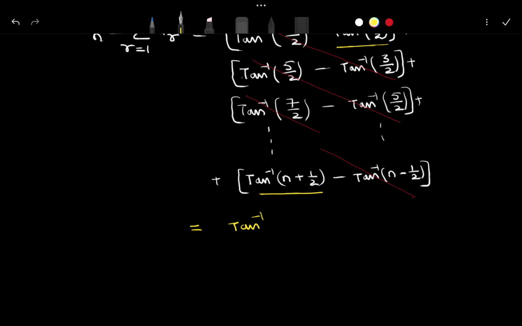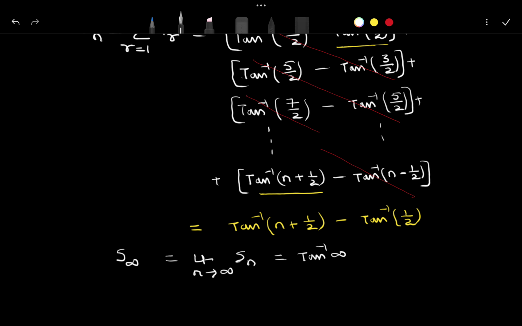Now the question asks for the sum of the infinite terms, which will be represented as infinity. We can write the limit as n tends to infinity of Sn, substituting n equals infinity in the above result: tan inverse of (infinity plus 1)/2, which is infinity, minus tan inverse of 1/2.